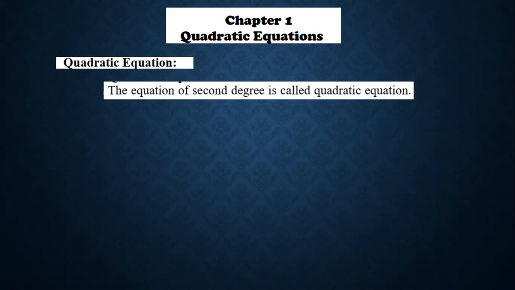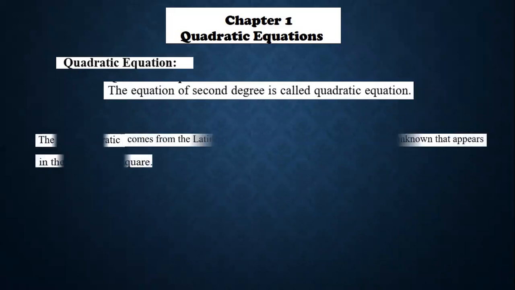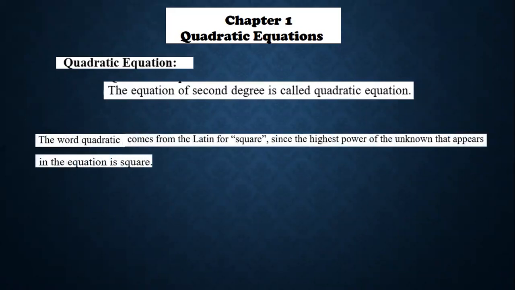Let me clear the screen. Now, the word quadratic comes from Latin, which means square. Quadratic means square, and square means 2. The highest power of the unknown, unknown means variable, that appears in the equation is square.